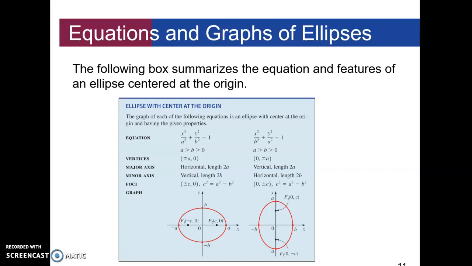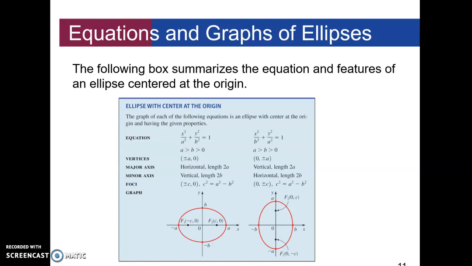A squared is bigger than b squared, so the a squared belongs under the x squared because it's wider than it is tall. But on the right, we have a tall ellipse. A squared is always bigger than b squared, so the a squared belongs under the y squared instead of the x squared. Okay? A is always bigger than b, and they're always greater than 0.